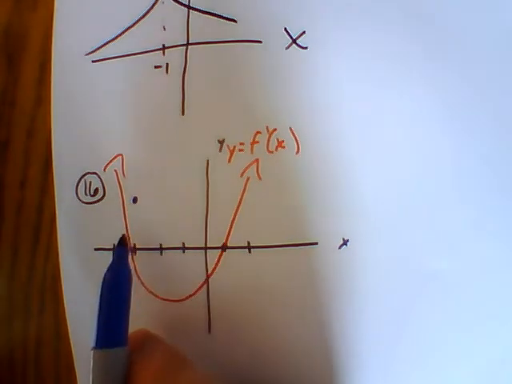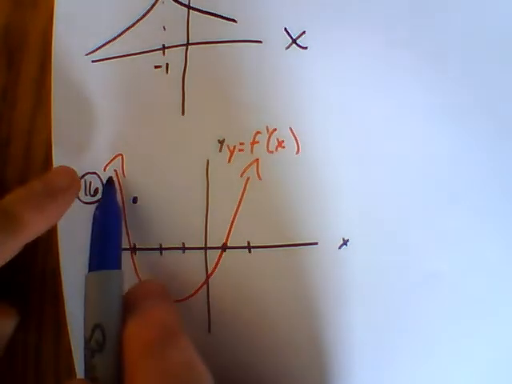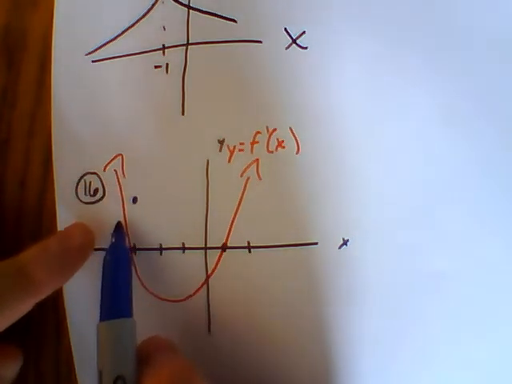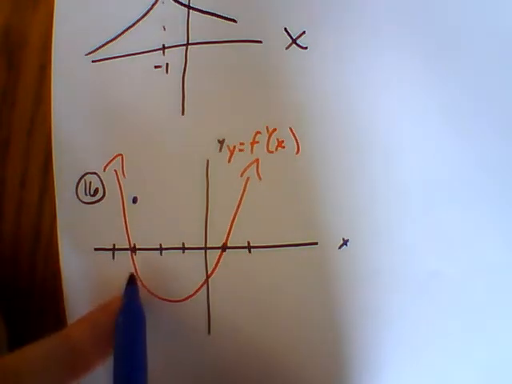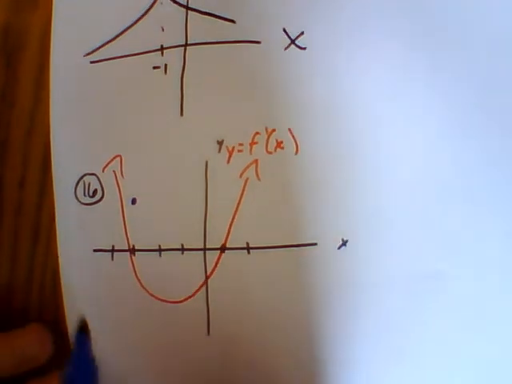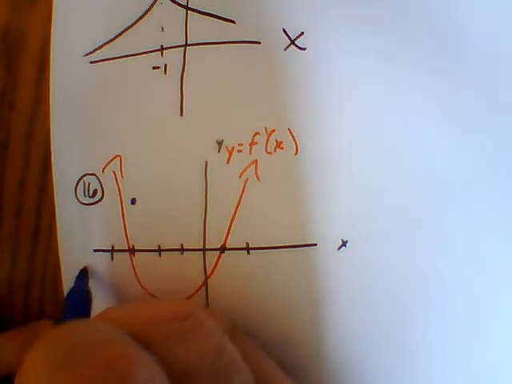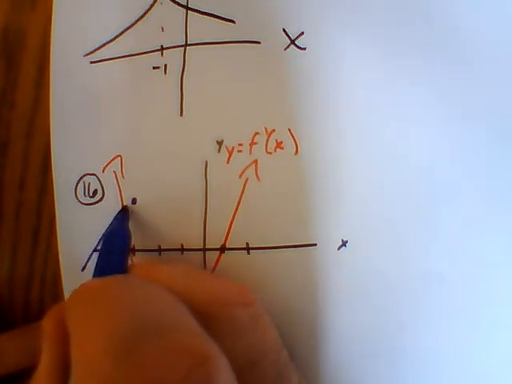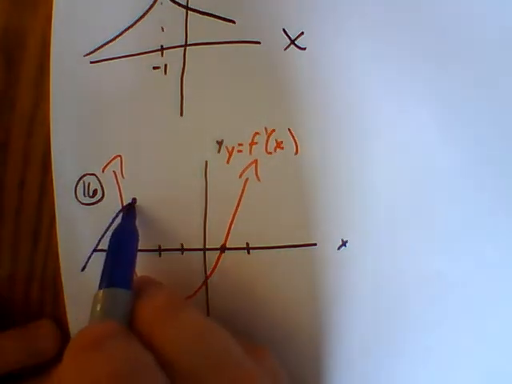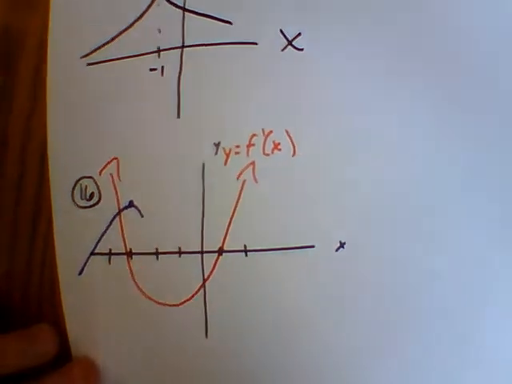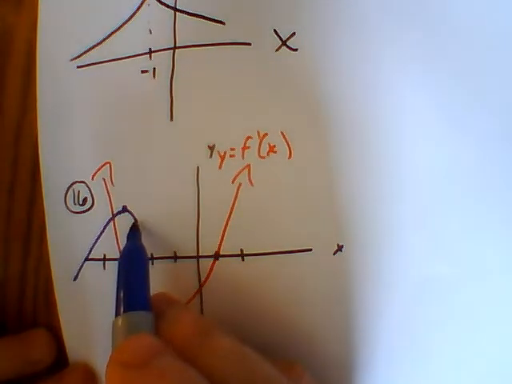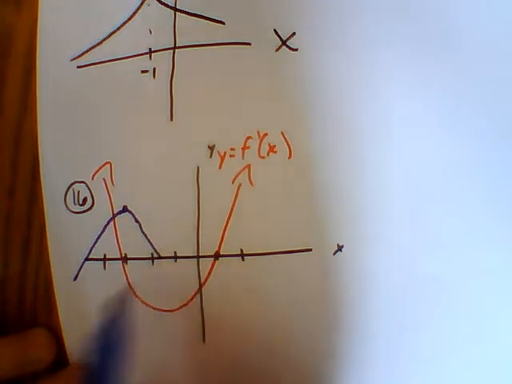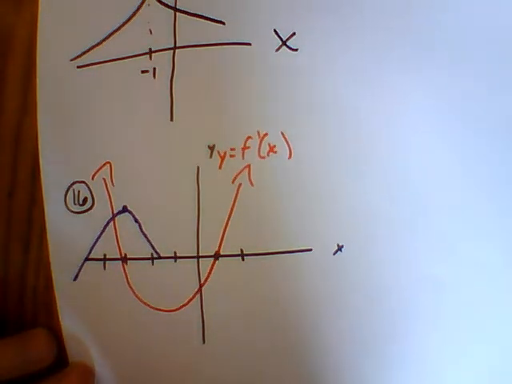We think back to our first derivative test: having a positive slope going to a negative slope means having a local maximum. So we have an increasing slope going to a 0 right here, in which then it becomes a negative slope. Then we would be coming down.